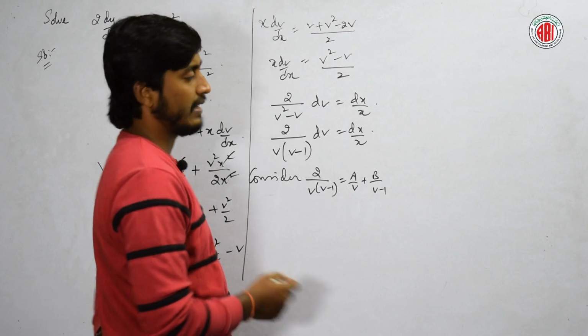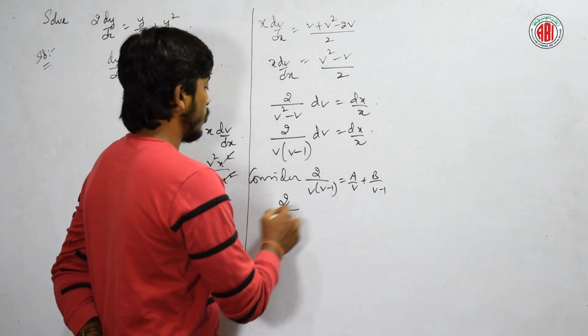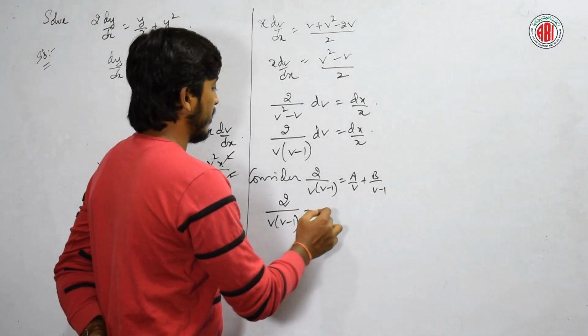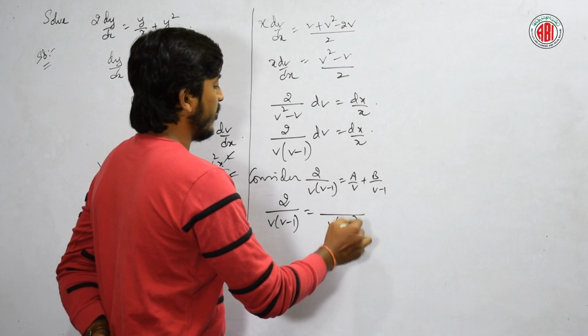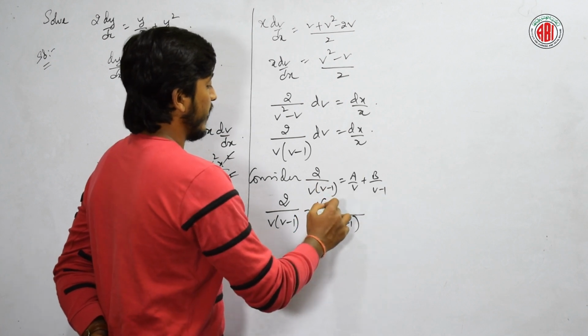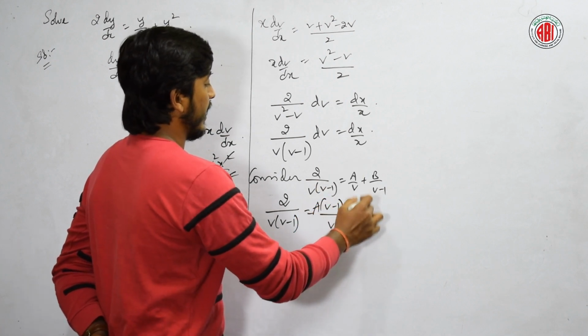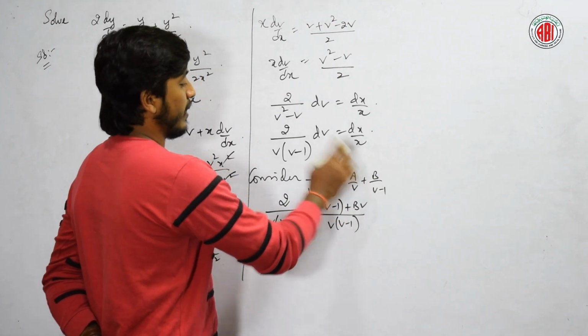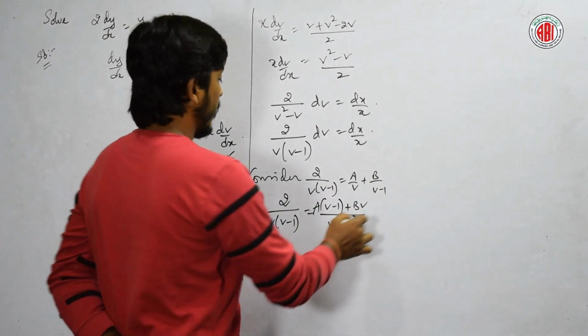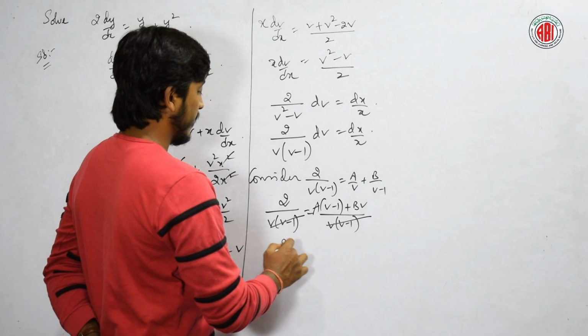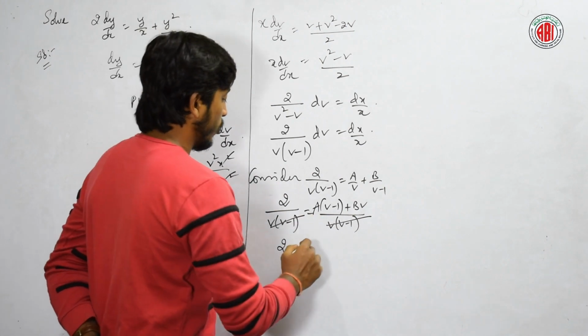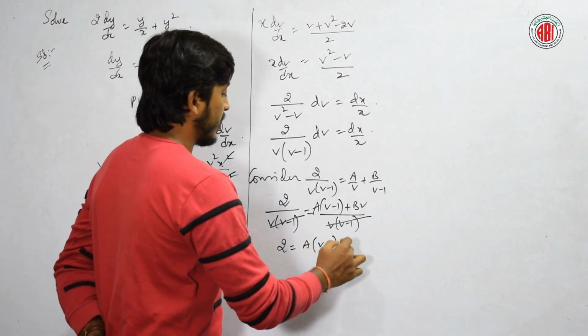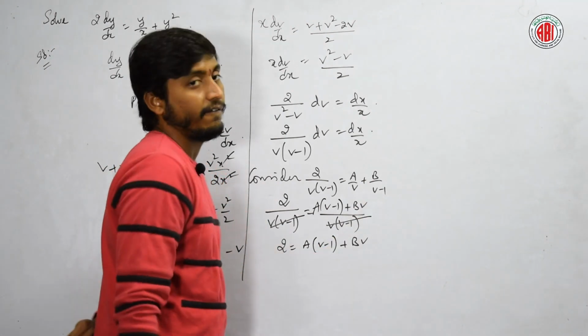So let us simplify this. Taking LCM, 2 by v into v minus 1 is equal to a into v minus 1 plus bv over v into v minus 1. Here both the denominators will get cancelled. 2 is equal to a into v minus 1 plus bv.